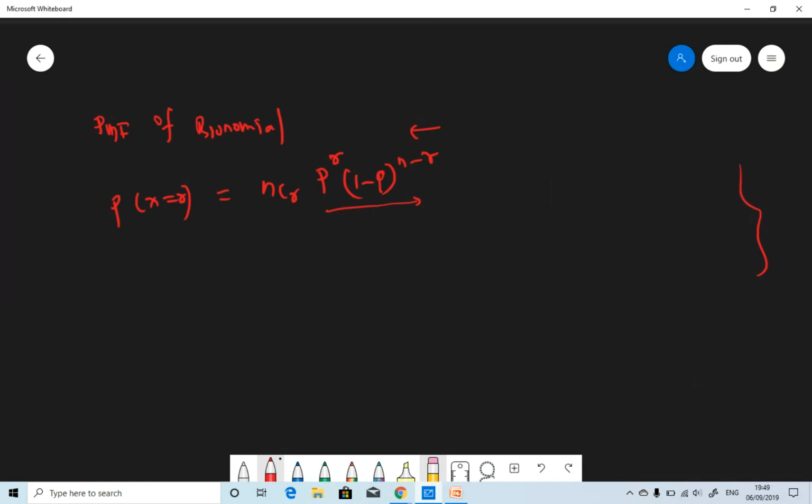How many of you remember it? Where nCr is the combination, or else we can say n factorial divided by (n minus r) factorial times r factorial.